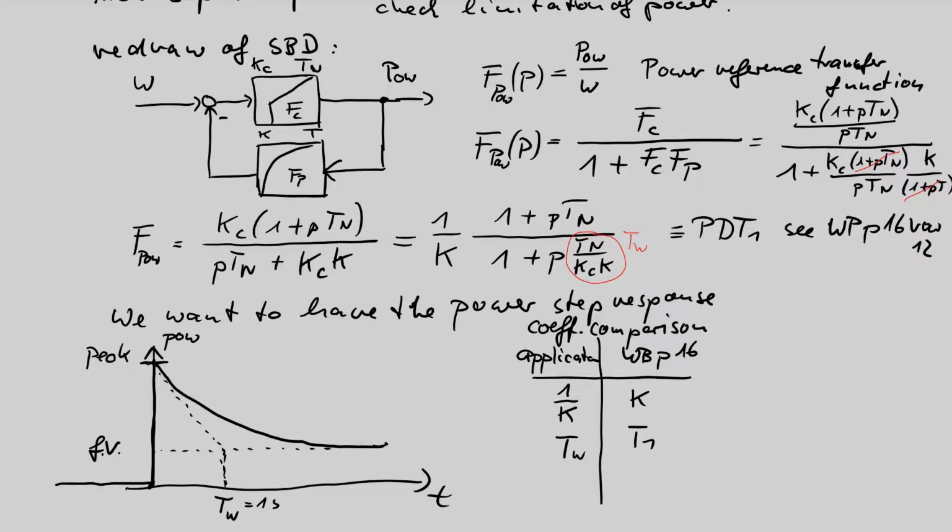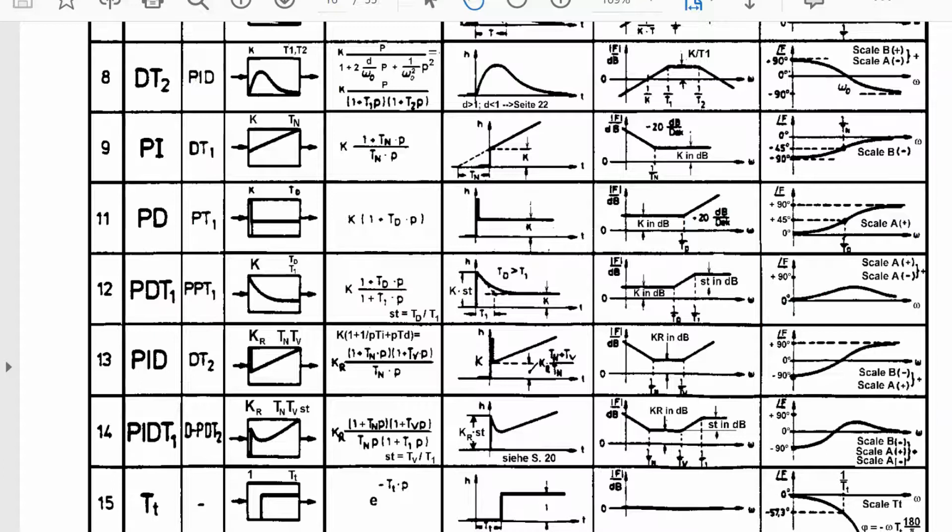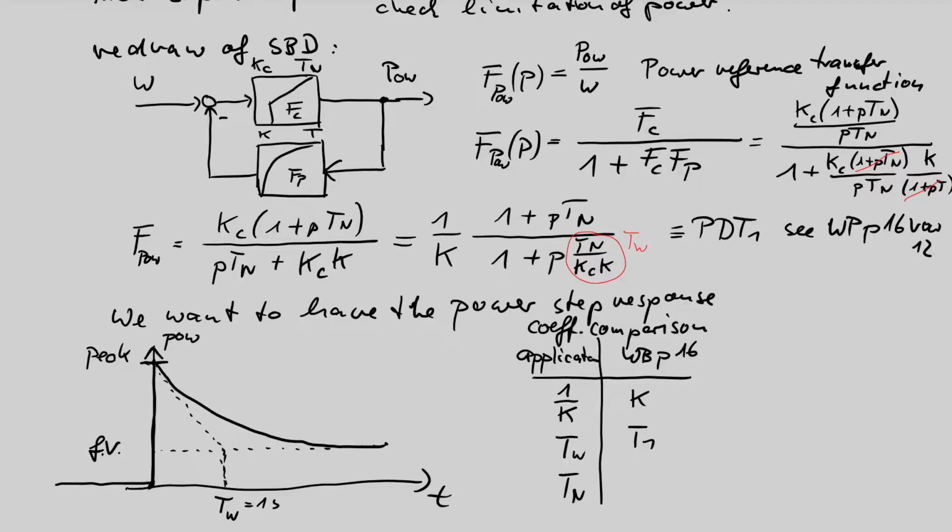And the numerator time constant of my application is Tn, and the time constant of the denominator is Td. So different names, Td.